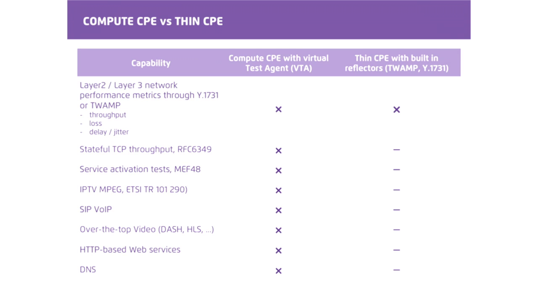In terms of network performance, TWAMP and Y.1731 bring insight into the classical network performance metrics, such as throughput, loss, delay, jitter, whereas the virtual test agent can bring additional insight, especially in terms of stateful TCP throughput, service activation testing in line with Metro Ethernet Forum, as well as on the service layer, IPTV, over-the-top video, SIP, HTTP-based services, etc. So they fill two different gaps here, where the virtual test agent, of course, can do more compared to the thin CPE.